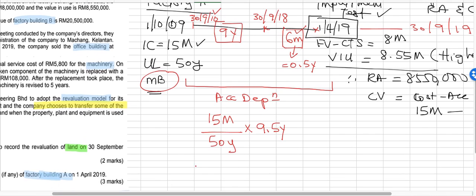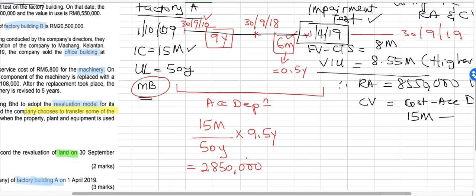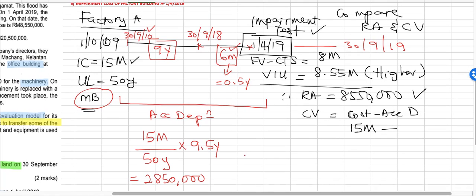So you will get accumulated depreciation of 2850. And so you minus that accumulated depreciation here, so you will get a carrying value of 12150. So this is the carrying value.